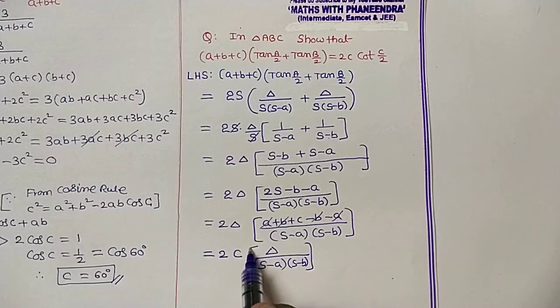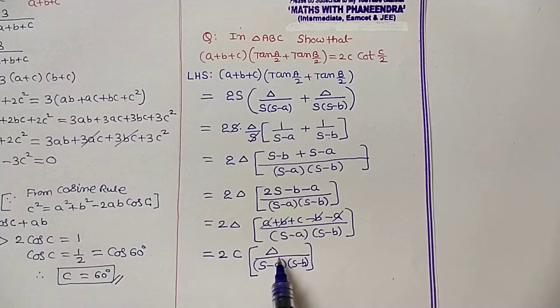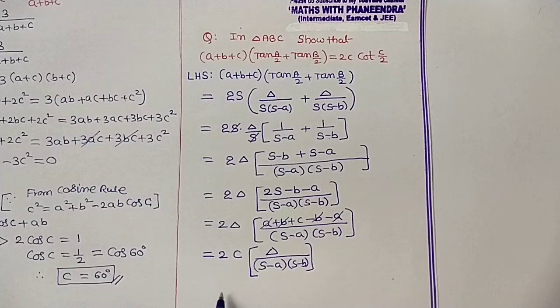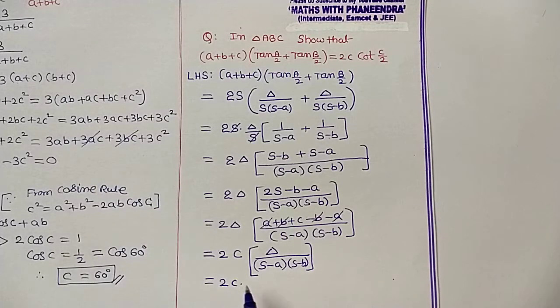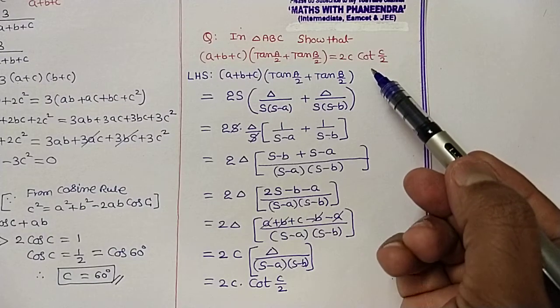This bracket value is the formula for cot c by 2. Cot c by 2 means delta by s minus a into s minus c, s minus b. Therefore, which is equal to 2c into cot c by 2, which is the required RHS only, no?